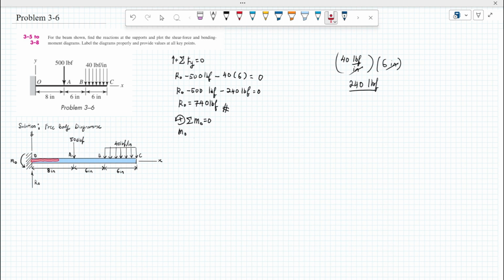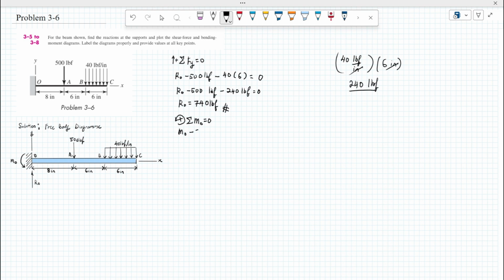If we go to A, we can see there is a force acting downwards. When the force acts downwards, it tries to bend the beam downwards, so it rotates like this. When we draw it fully, it is in the clockwise direction, and clockwise is negative.